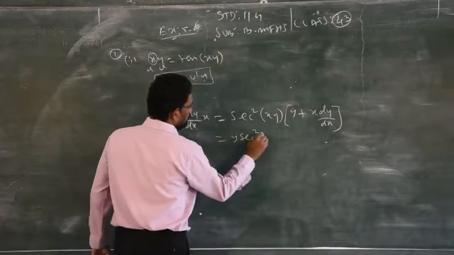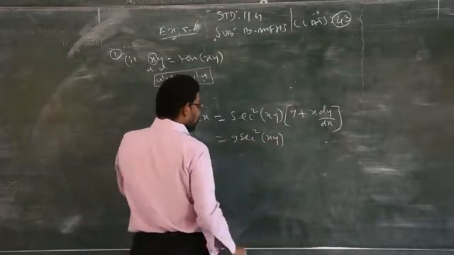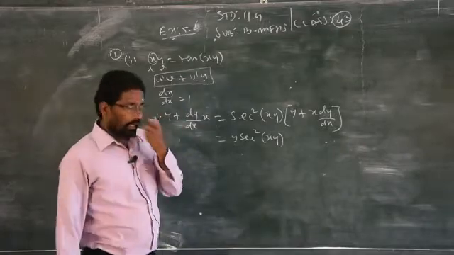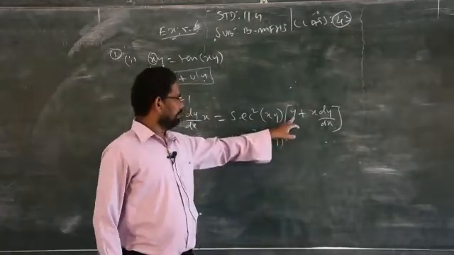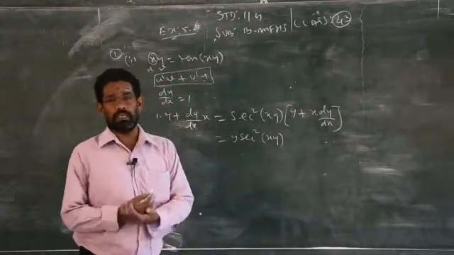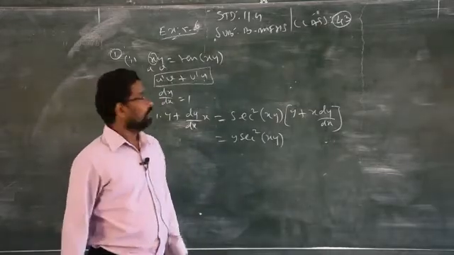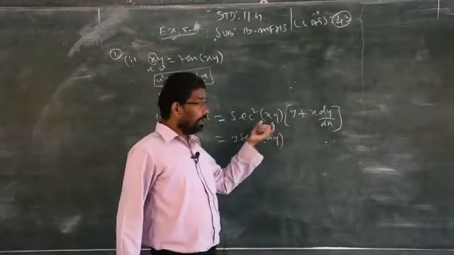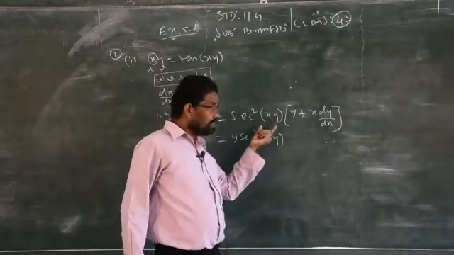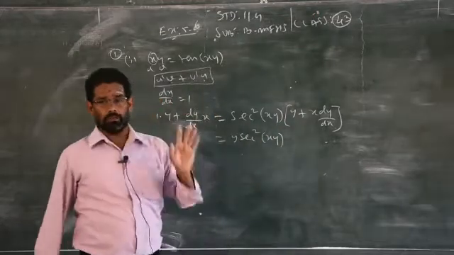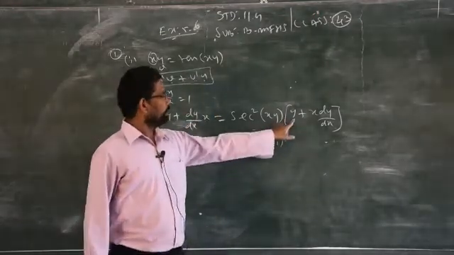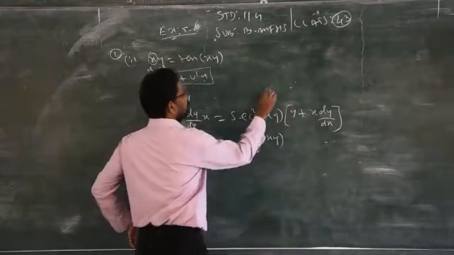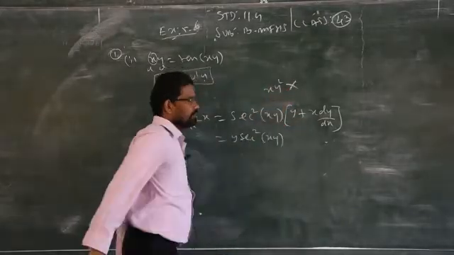Y secant square xy. You are not allowed to multiply or divide inside the ratio. Don't multiply y into xy, that is xy square, that is not allowed. You are not allowed to multiply any number inside the ratio. So don't write y into y like xy square. Your answer is wrong.